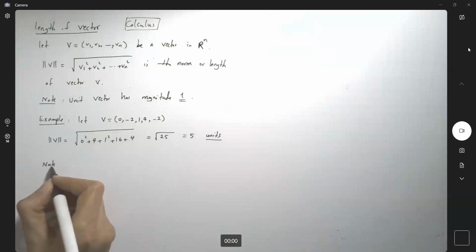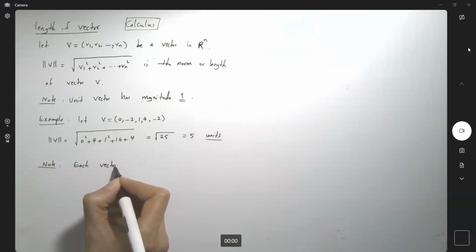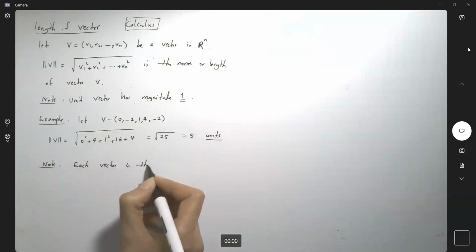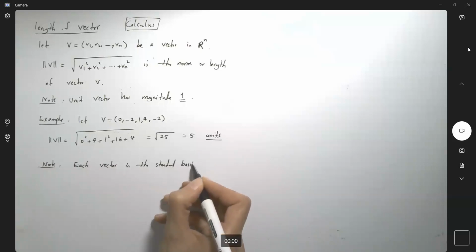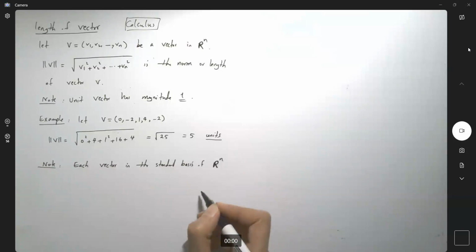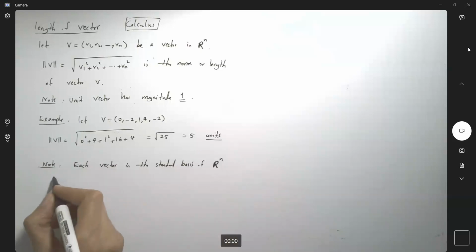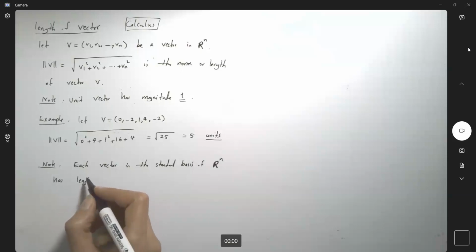And note for you, each vector in the standard basis of the Euclidean space of dimension n has length 1.